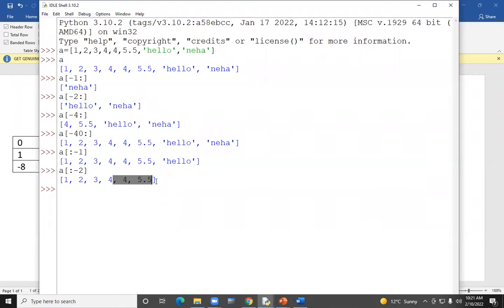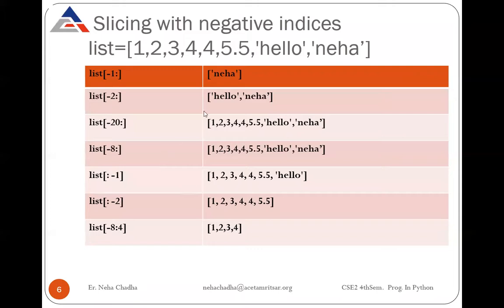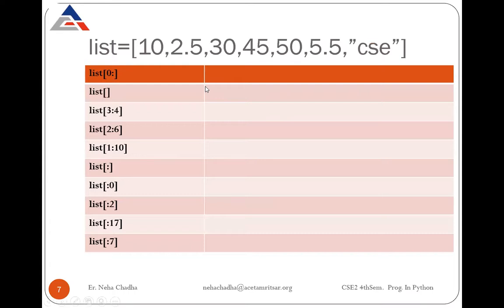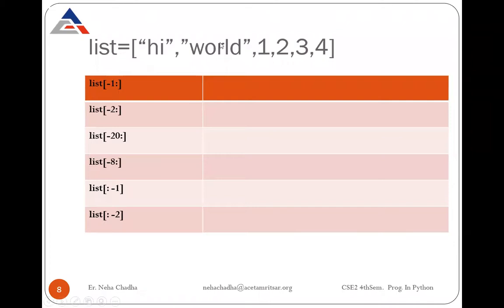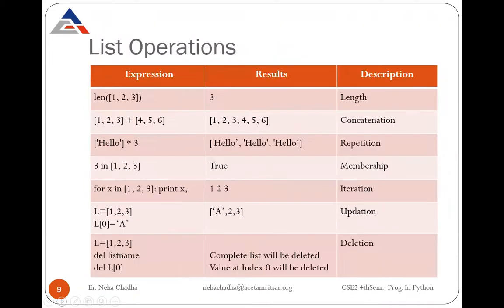This is the result. This is the same example that I have solved with some index values. You can practice all by yourself also. This is the list that I have provided to you. This is for the positive values, and this is for your practice where you have to use negative indexing.